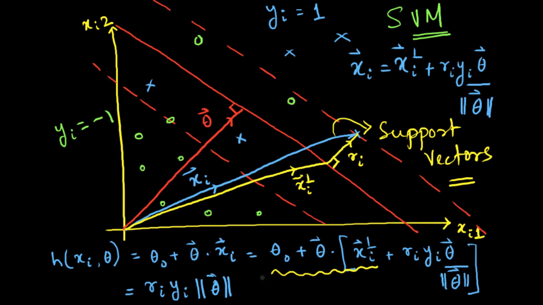The problem with these points is that they do not satisfy the constraints of our SVM problem, because if you remember, our constraint for SVM was that this H or this quantity must be positive for all the points in class 1 and it must be negative for all the points in class minus 1. But because of these points over here, this constraint is no longer valid, and hence we need to update our constraint conditions. So what we do is to introduce what are called slack variables.